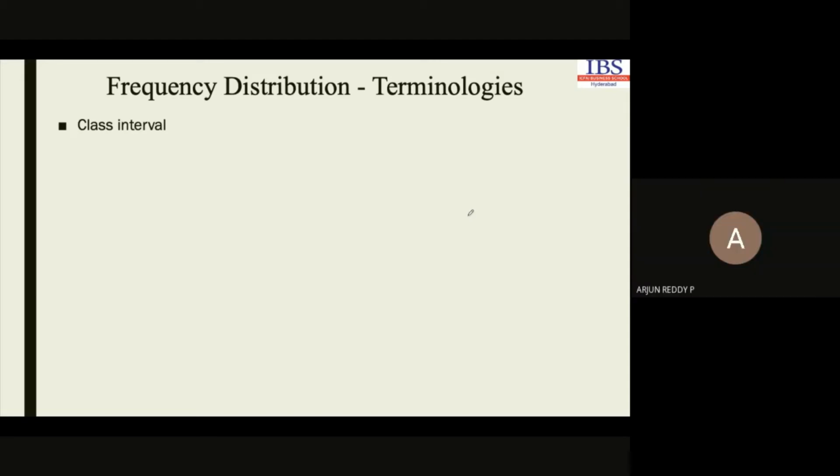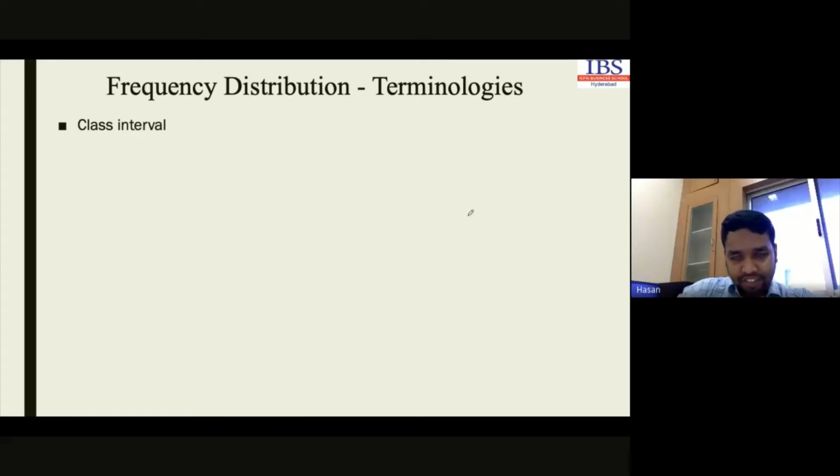Sir, it's like upper limit to lower limit, 5 to 10, like that. One by one, please. So what is class interval here? If we are considering the 16 to 20 class, we have already discussed this, right? If this is one class, the range in between this is our class interval, right? Yes, sir. This is class interval.